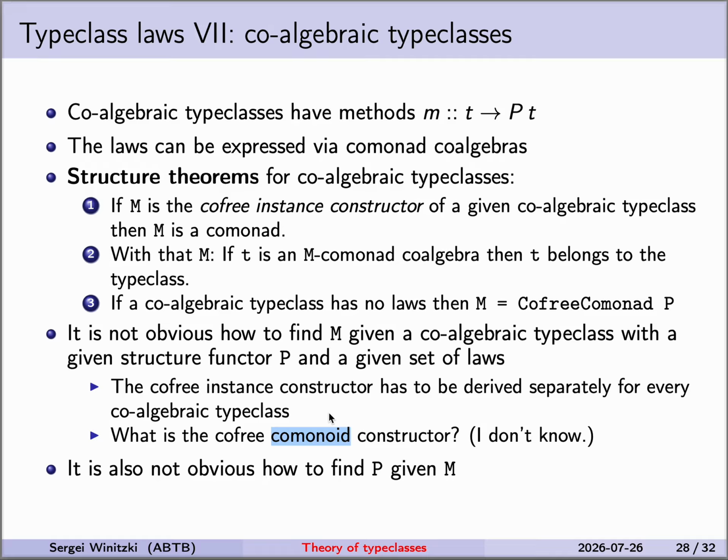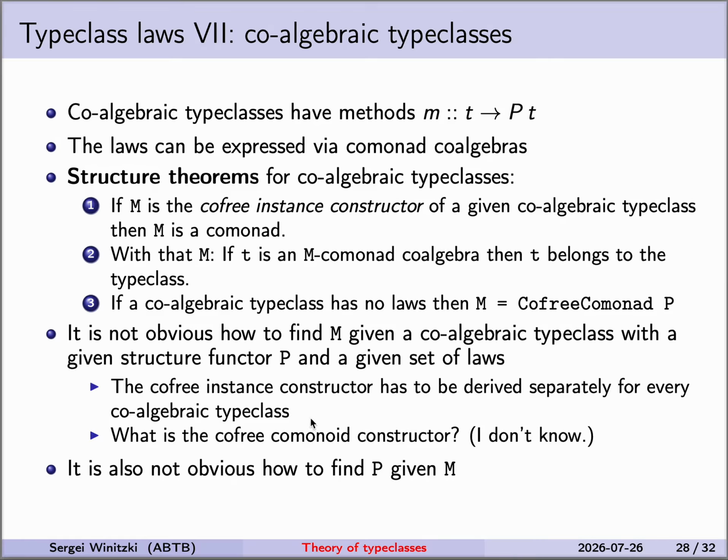A comonoid is in some sense simpler, but for instance, I don't know what is the co-free comonoid constructor, which comonad is that, and I don't know how to find out. So some techniques need to be developed for this kind of work, and I wasn't able to find the answer.